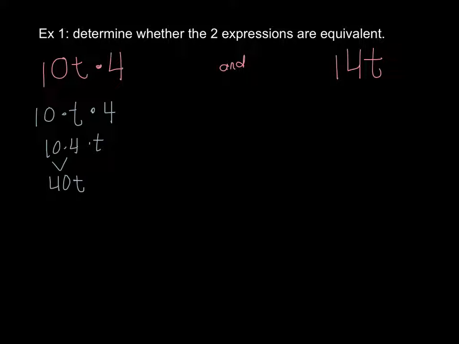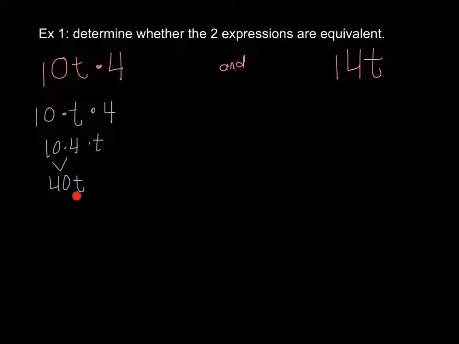So take a look again how I did that. I'm just going to review it with you. I had 10t times 4. I rewrote it as 10 times t times 4. And then I rearranged them because of the commutative property. Moved them around a little bit. And I said, let's combine these terms. 10 times 4 is 40. Times t is 40t.